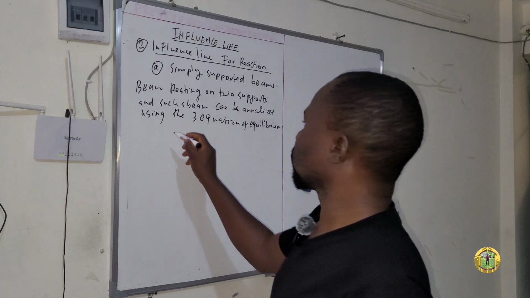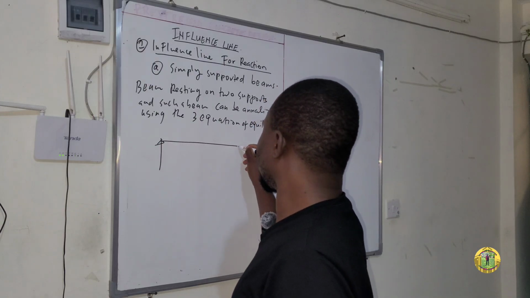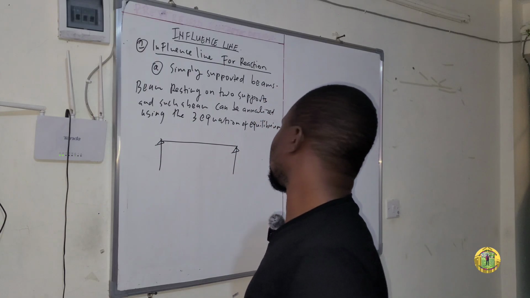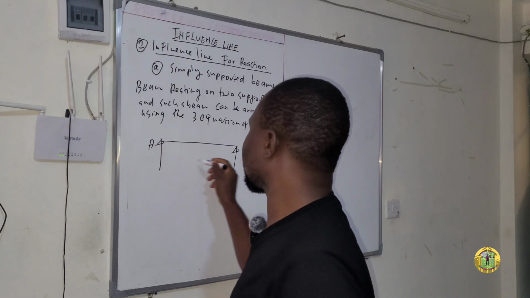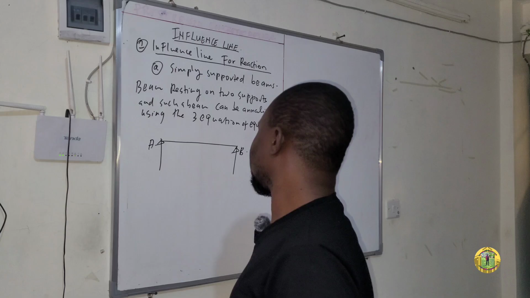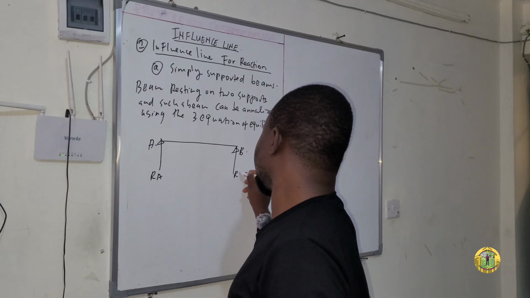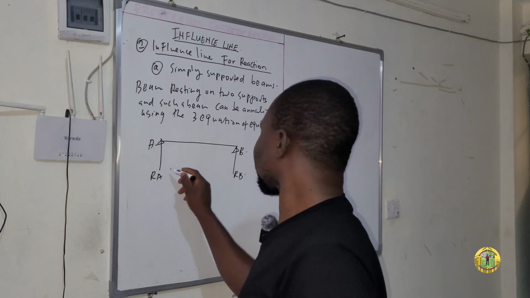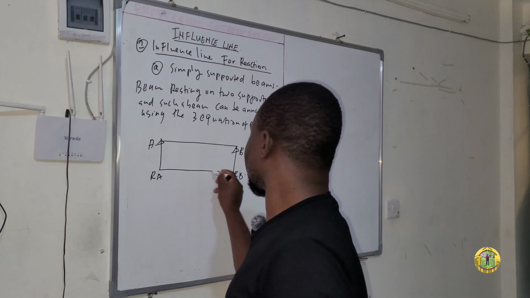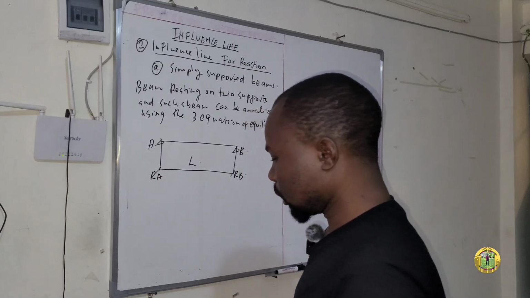For example, if you have a beam like this, a simply supported beam, this is A, this is B, this is RA, and this is RB. Such a beam has a length L.